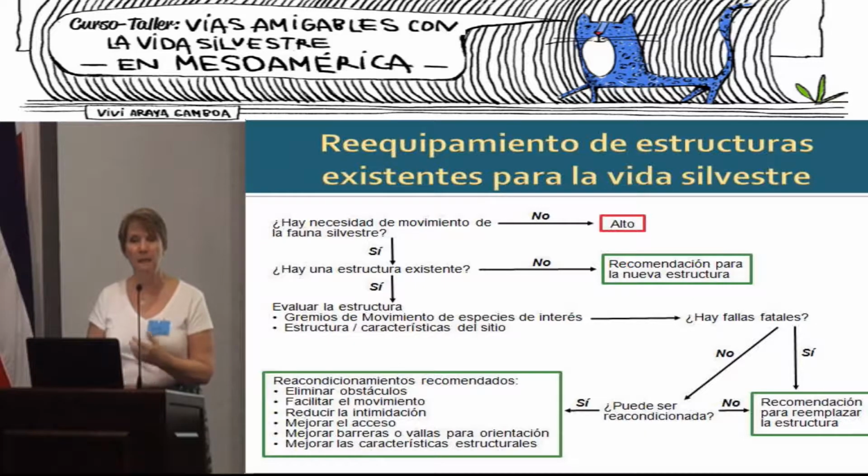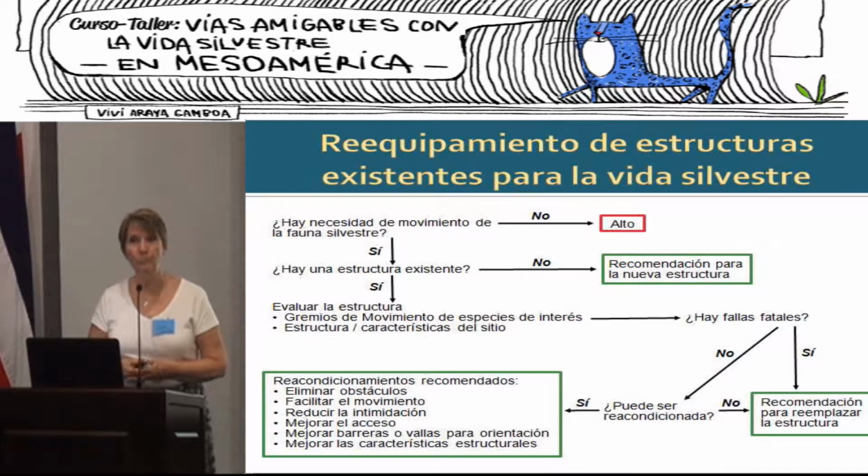So it might be a great bridge for wildlife to use, in a perfect location, but if there are a lot of people staying there the whole time, then that's going to be a problem. Now, obviously, that is a social issue that is way bigger than what we're going to talk about today, but it is an example of an intimidation that can be changed somewhat.